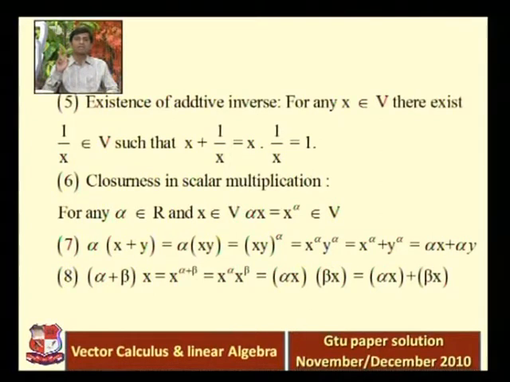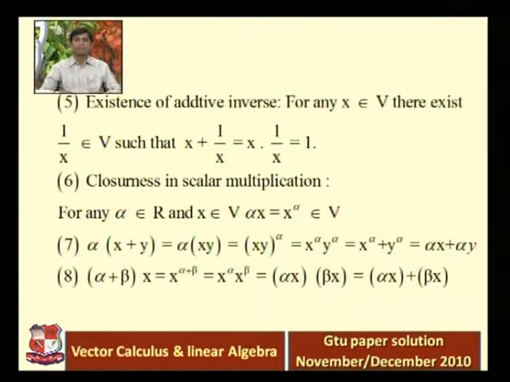So we use the scalar multiplication, that x into y raised to alpha can be written as x raised to alpha into y raised to alpha. Now x raised to alpha is a positive real number, so that also belongs to V. Y raised to alpha is also a positive real number, so that also belongs to V. So for two vectors, the multiplication of those two vectors can be written as x raised to alpha plus y raised to alpha, using the definition of addition in this vector space we defined in the statement.